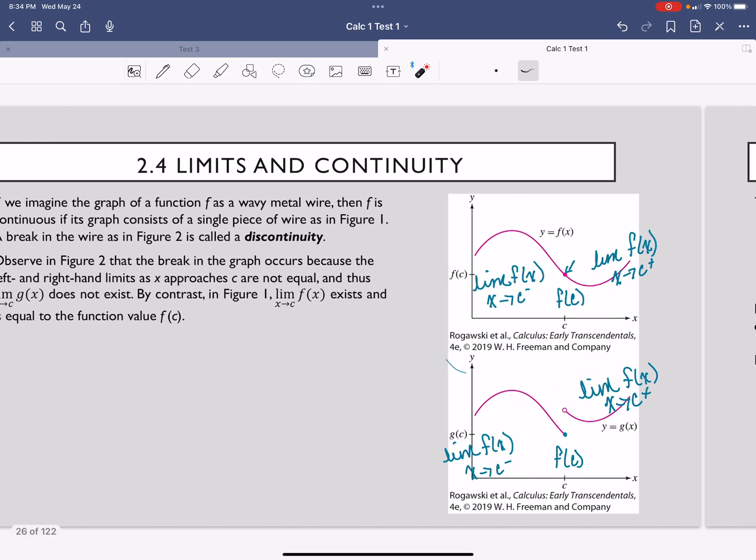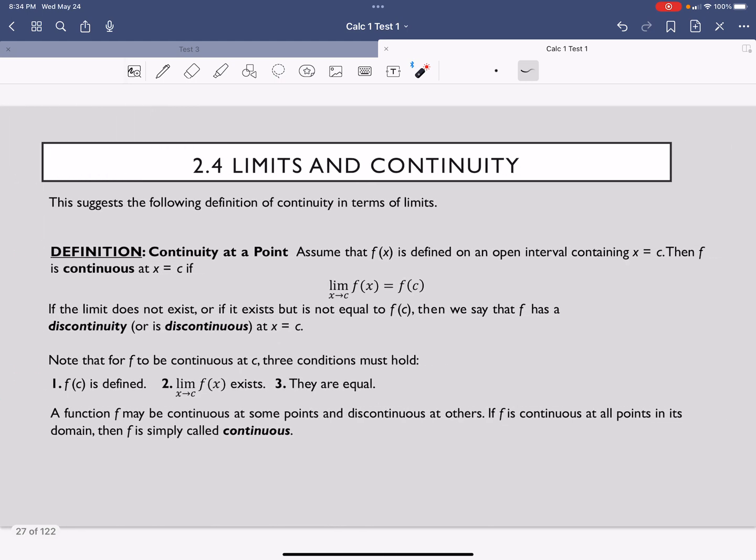Now, we can have different types of discontinuity. Well, first this is the definition, I apologize. This is the definition, and this is what we just talked about right here. Continuity at a point: assume that f of x is defined on an open interval, and we've got this value c. Then f is continuous if the limit as x approaches c equals f of c.